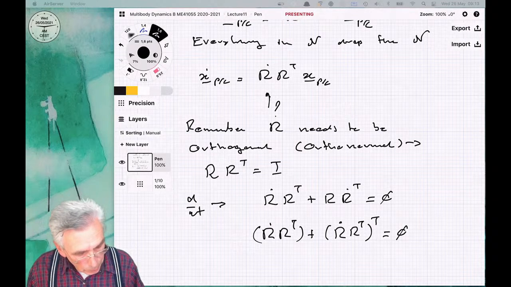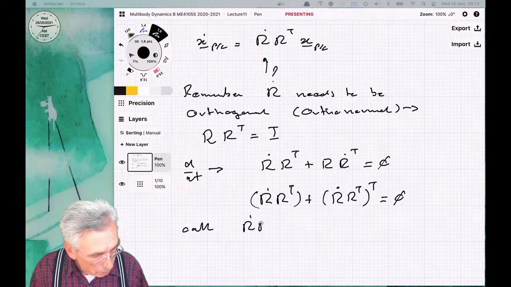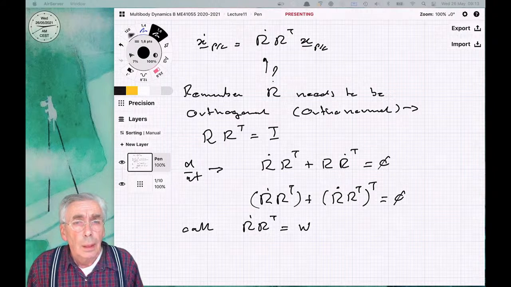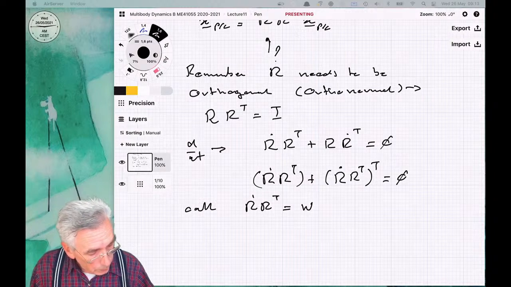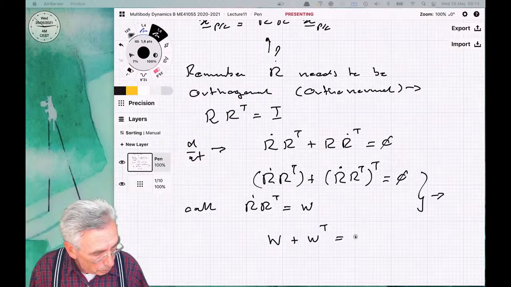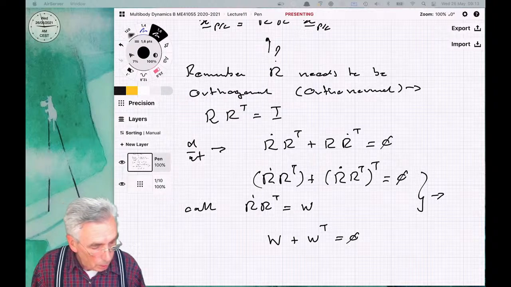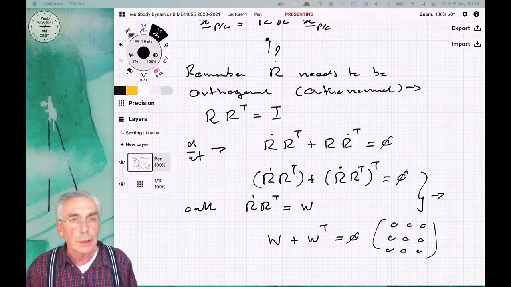So I have two matrices, so let's call R dot R transpose W, for Pete's sake. Now, if we use this, then what do we get? Then the conclusion is W plus W transpose should be 0. All zeros. And remember, these zeros are 9 zeros.